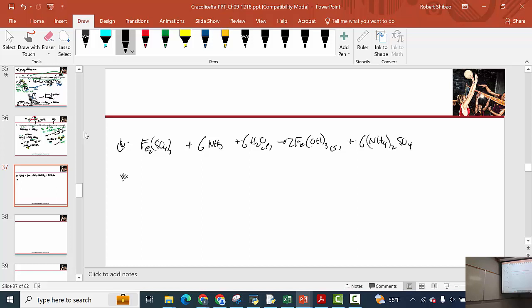So iron 3 sulfate, strong acid? No, it's not one of the 7 common strong acids. Strong base? No. Soluble salt? Yes, sulfates are all soluble except for silver, lead, mercury, calcium, strontium, barium. So this is soluble. And so we ionize it. What does it ionize into?